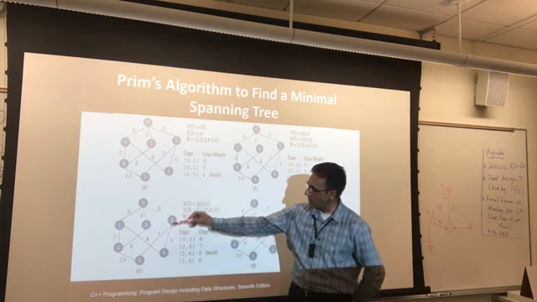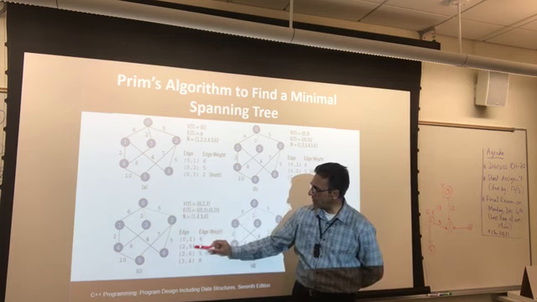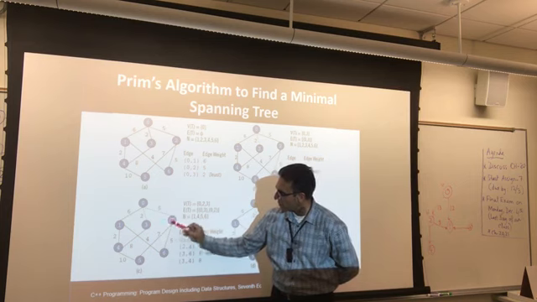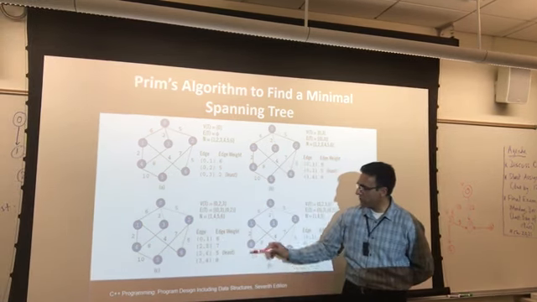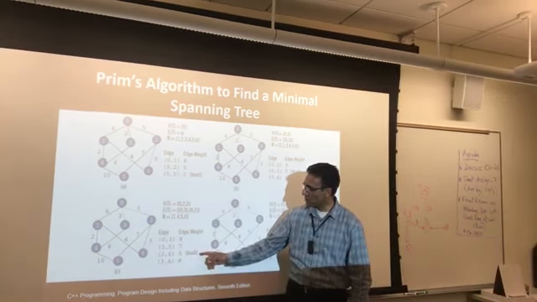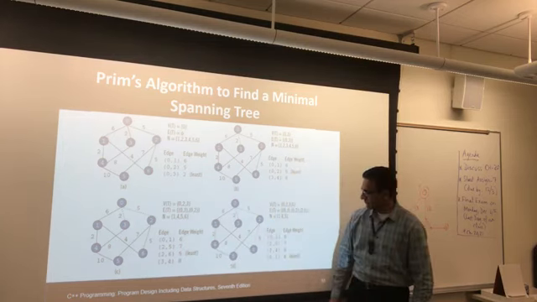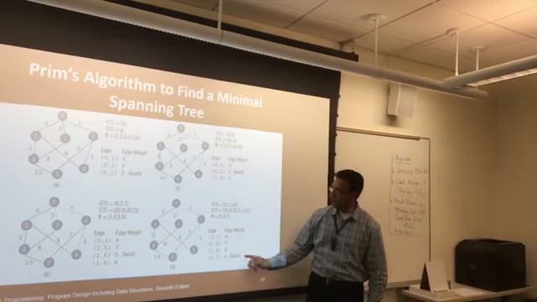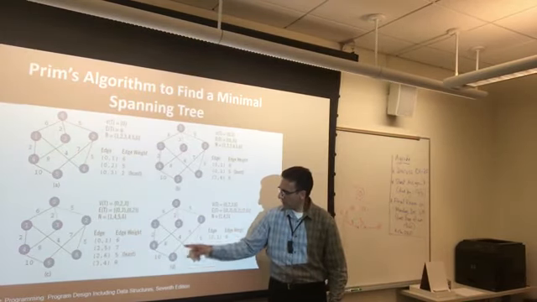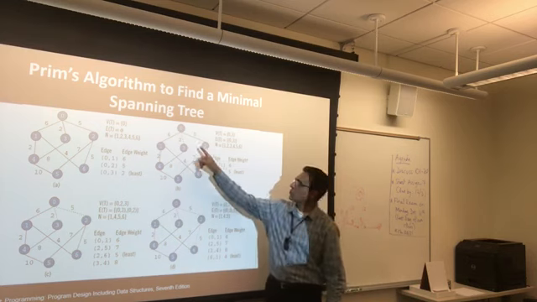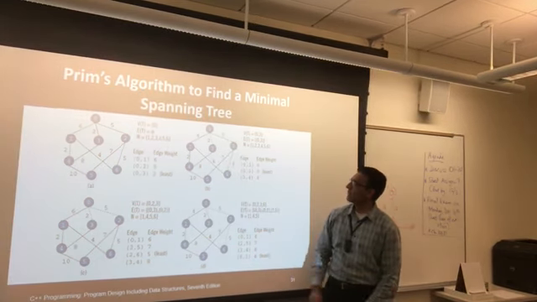So in this tree, 0 to 1 weight is 6, 2 to 5, which is right there, weight is 7, and so on and so forth. In this tree, the minimum weight is 5. In this case, from 6 to 1, weight is 4. And in this case, 0 to 2, weight is 5.